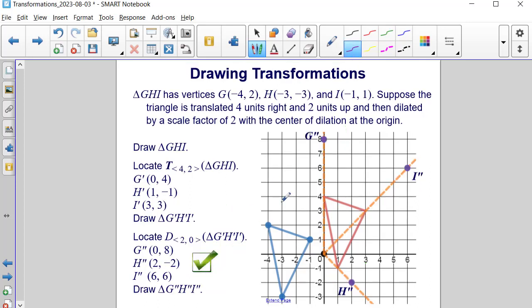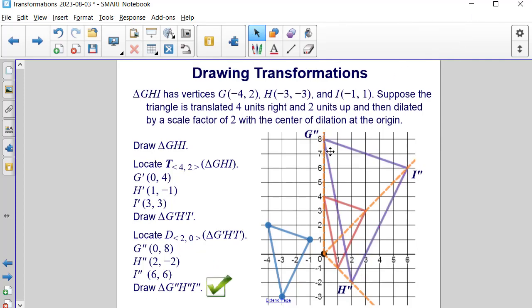And the last step, once we found the coordinates of our points G double prime, H double prime, and I double prime, is to connect them to draw our triangle G double prime, H double prime, I double prime. And this slide shows again what triangle G double prime, H double prime, and I double prime will look like.